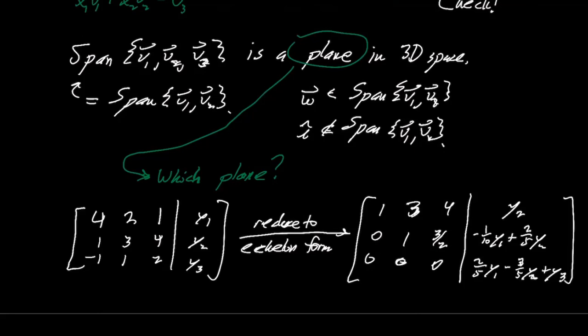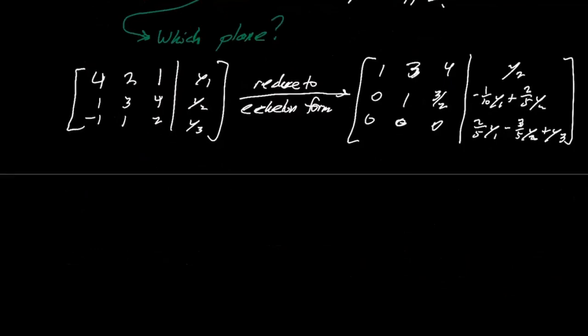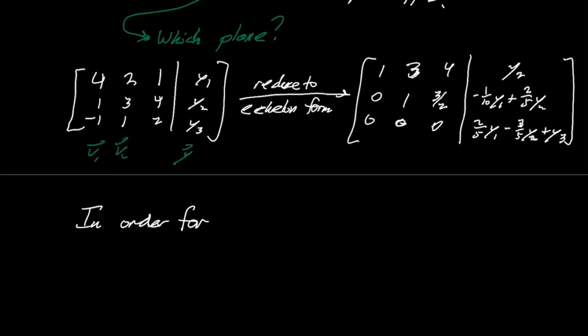Now if we look at this bottom row, in order for this to be consistent, this quantity right here better be 0, right? Let's give that vector a name. Let's call it Y, the vector Y. This is V1, V2, V3.